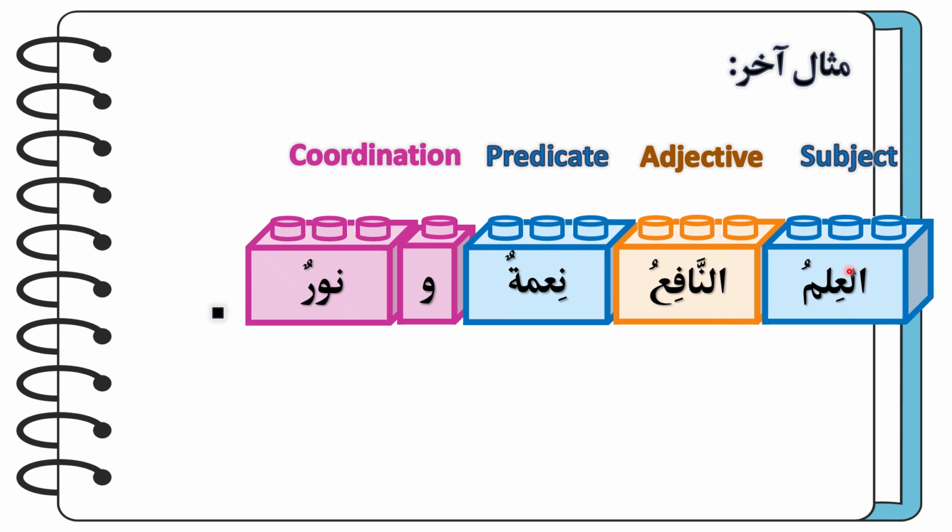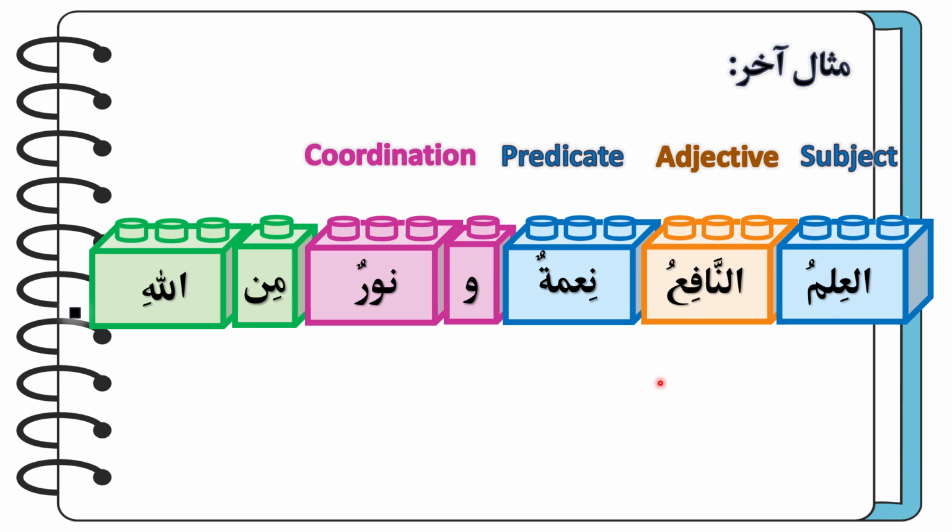So if the subject is definite, here it's attached to al, so should the adjective be. Even in English, if we say knowledge or useful knowledge, it's not definite at all, but in Arabic, it should be according to these rules. So the sentence reads العلم النافع نعمة ونور.